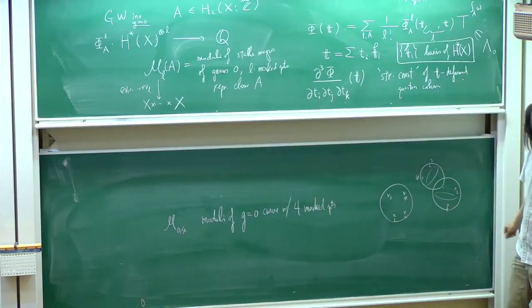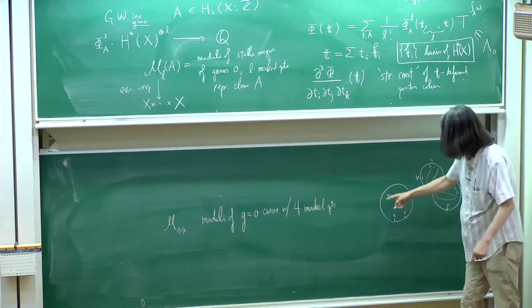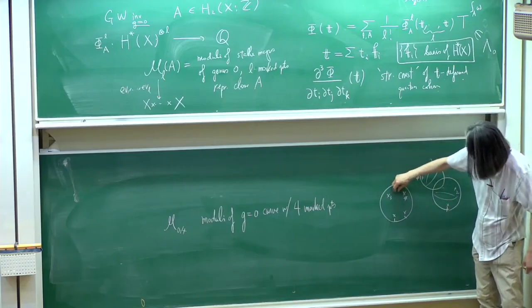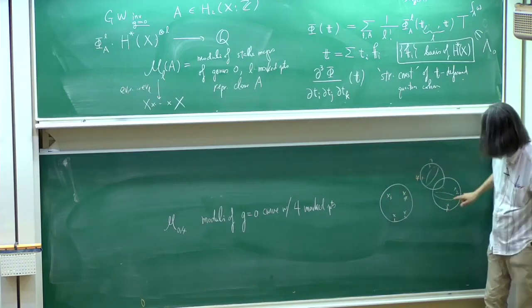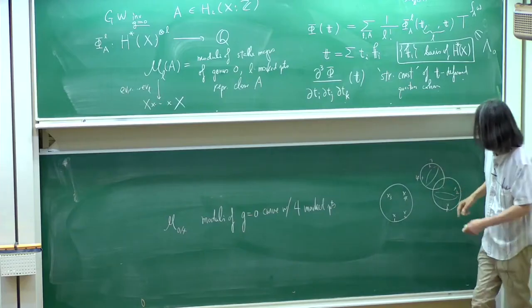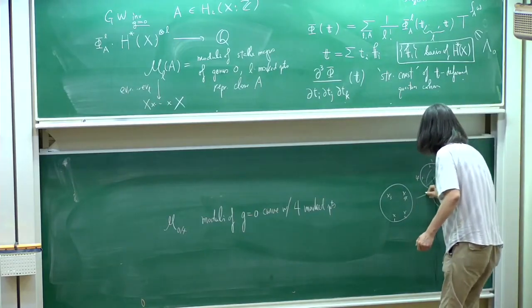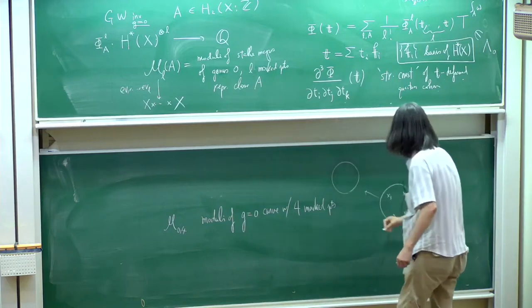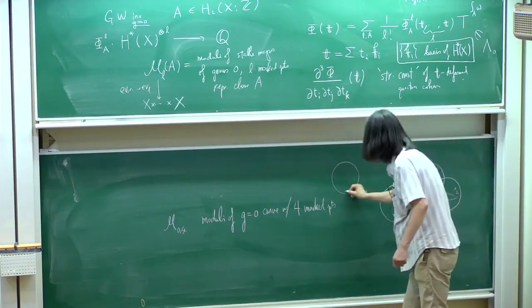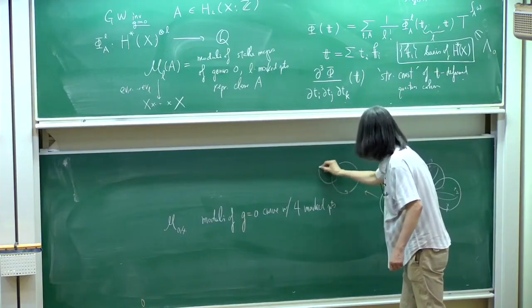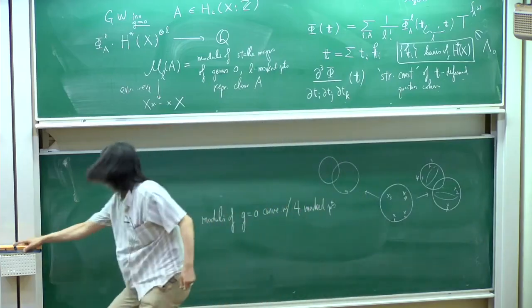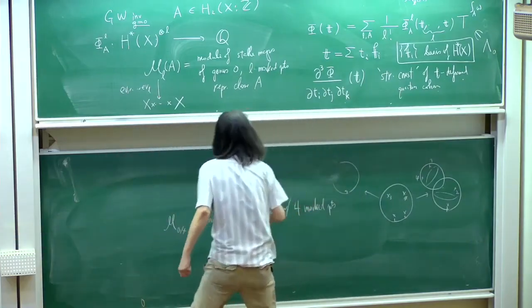This is one. So we have this, and if 3 and 4 are getting closer and closer compared to 1 and 2, then you may have this picture. And if you consider another degeneration, like here is 1, and here I have another one, the opposite one.